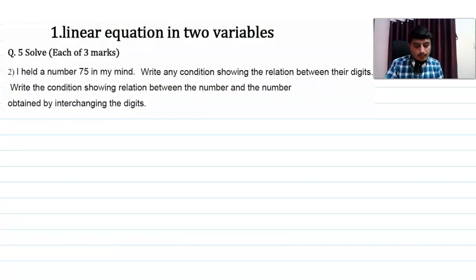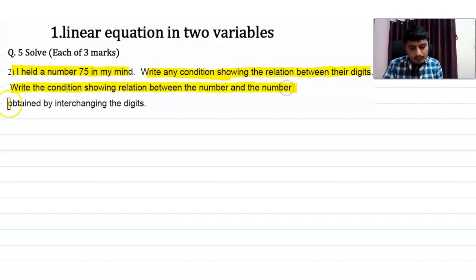Now look at question number 2. I held a number 75 in my mind. Write any condition showing the relation between their digits. Write the condition showing the relation between the number and the number obtained by interchanging the digits.